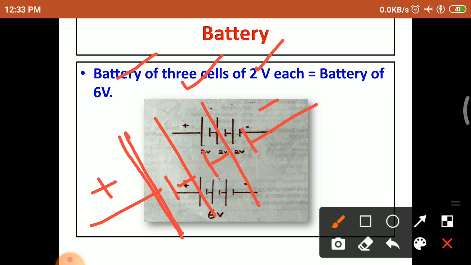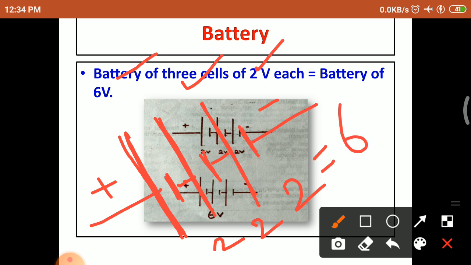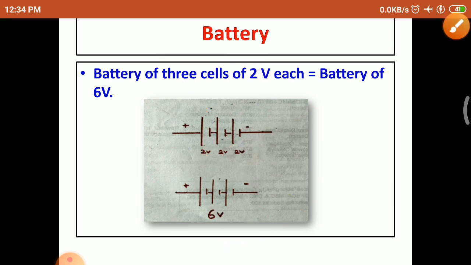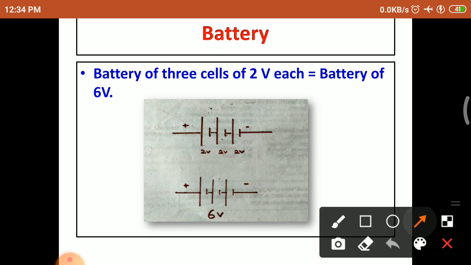So the first cell has 2 volts, the second cell has 2 volts and the third cell also has 2 volts. So the total voltage of this circuit is 6 volts. So a battery of 3 cells of 2 volts is equal to a battery of 6 volts.